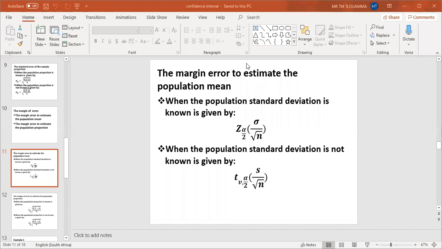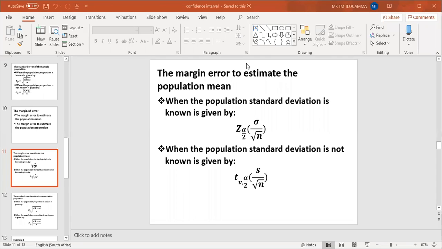Then secondly, when the population standard deviation is not known, we're going to use this formula, meaning we check the t critical values, which is the T table. It is t with v, and I already told you what v stands for.